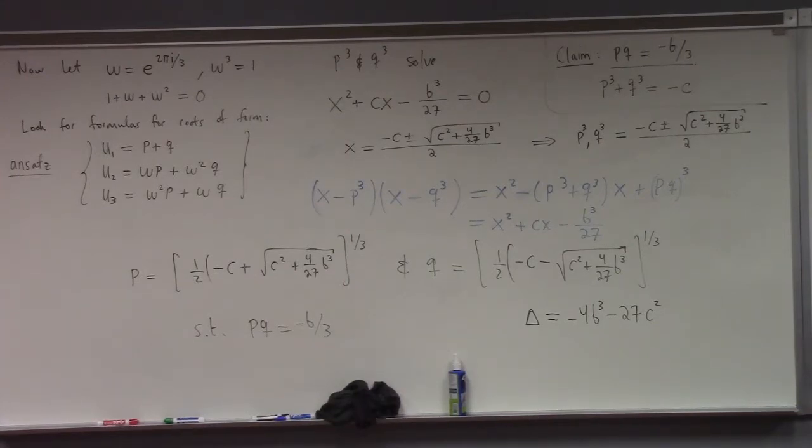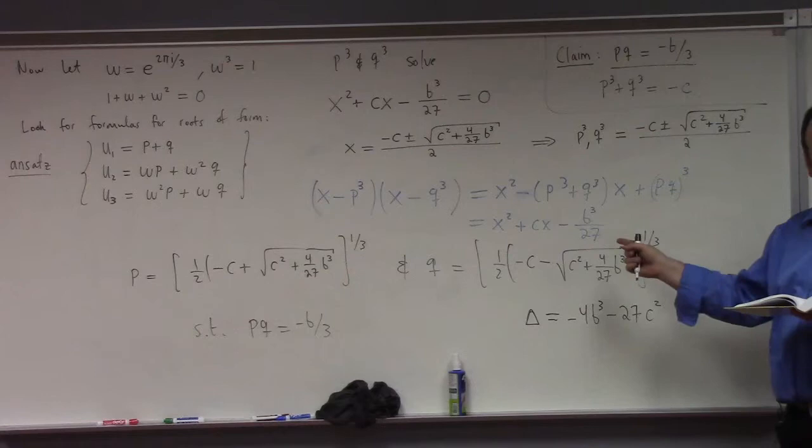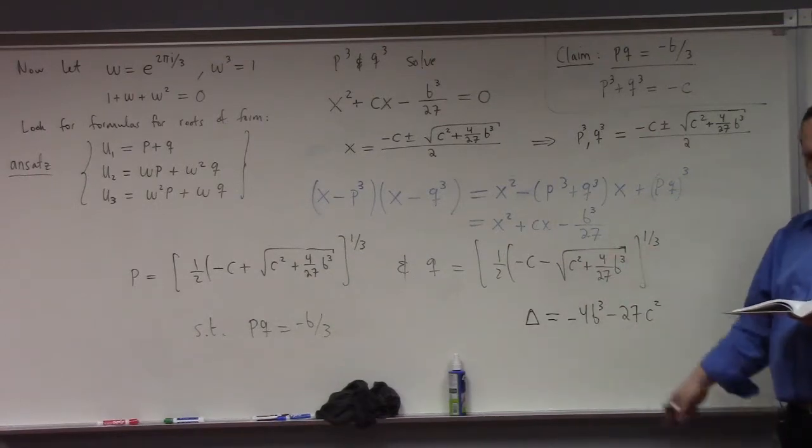It just so happens that the discriminant for the depressed cubic is minus 4b cubed minus 27c squared. I think this would be the square root of minus delta in the current notation.